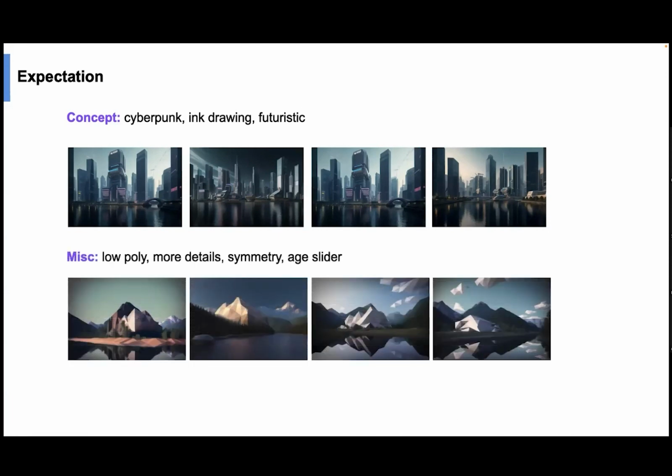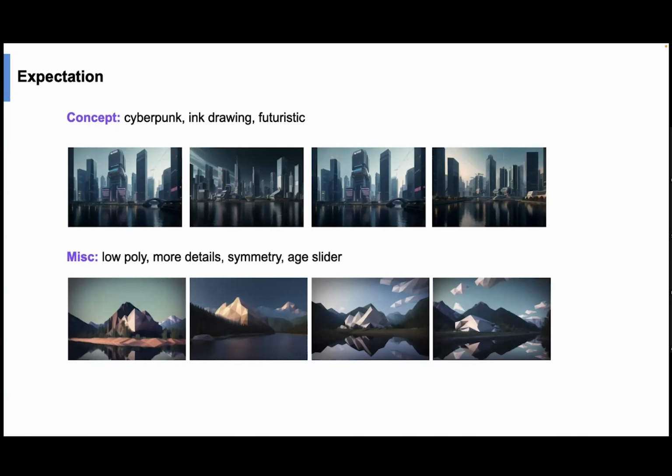There are also some Loras that cannot be classified as one of the above, but are usually more popular to use. For example, a low poly Lora that changes everything to be low poly art, a Lora to add details to images, or an age controlling Lora to control the age of people in the generated images.